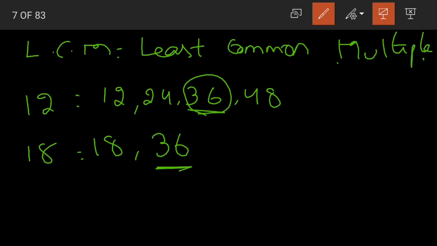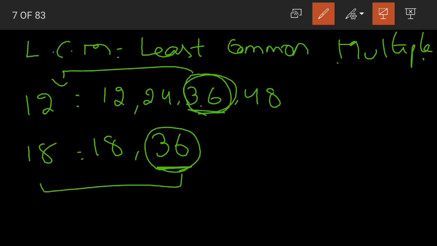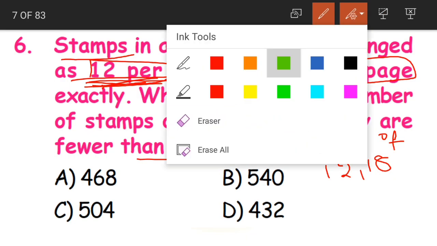Our first common multiple is 36. We are having 36 as a multiple of 12 and also as a multiple of 18. The first one becomes the smallest, yes or no? Yes. So this is our smallest or least common multiple. What is it? LCM 36.